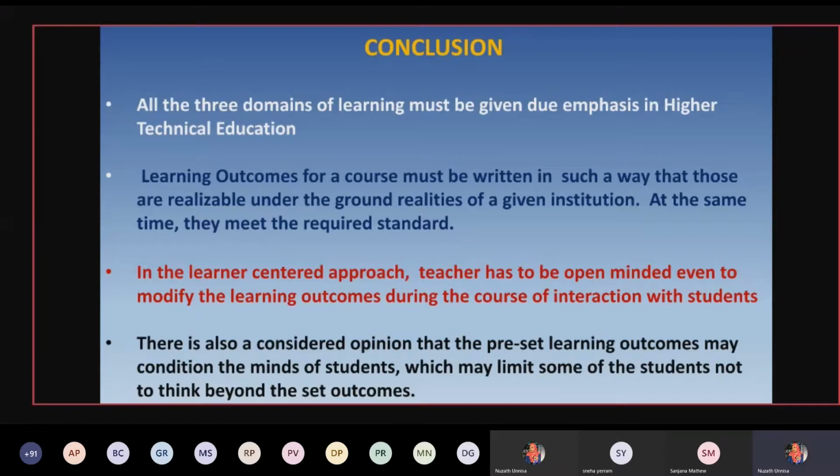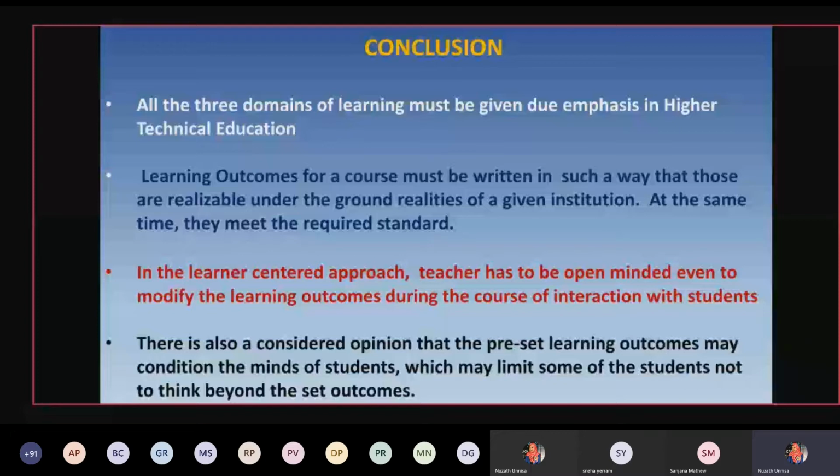And the most important conclusion which I can draw from these two sessions is about the learner-centered approach. Earlier, the approaches carried out in the teaching-learning process were teacher-centric. Now this OBE, outcome-based education, is completely learner-centered.